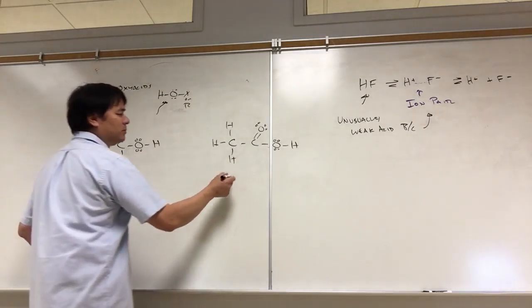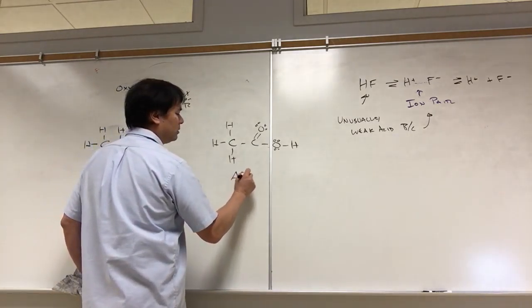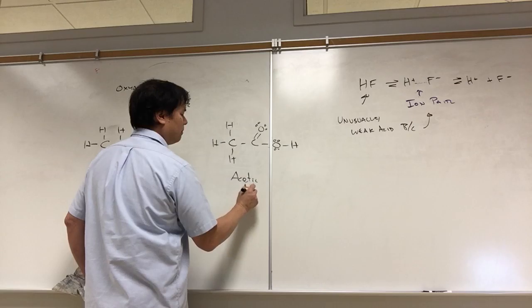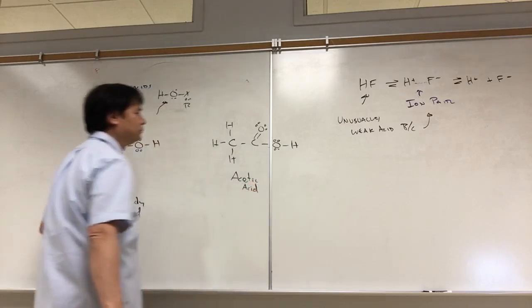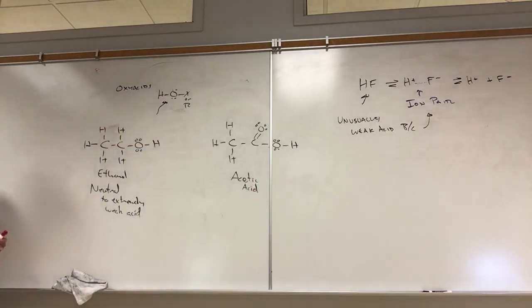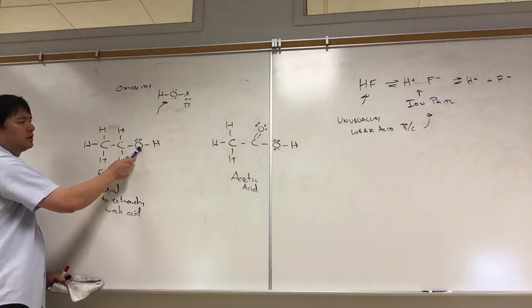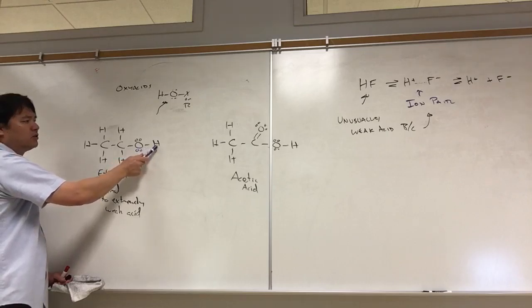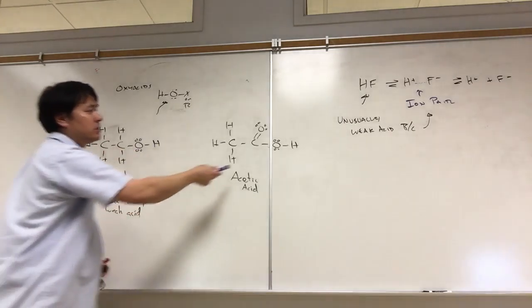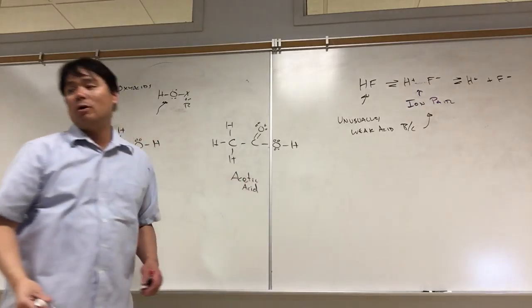And acetic acid is a moderate strength acid. But when we look at this, if we look at polarity, polarity is electronegativity difference. So oxygen is 3.5, hydrogen is 2.1, oxygen is 3.5, hydrogen is 2.1.